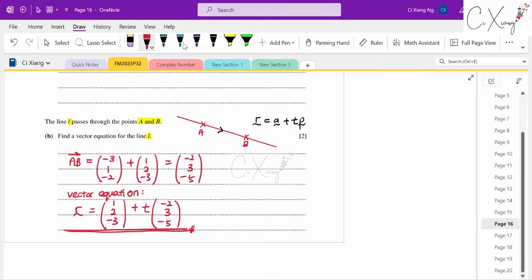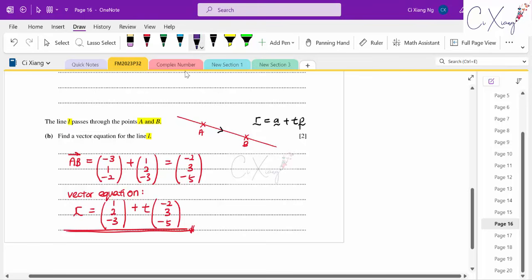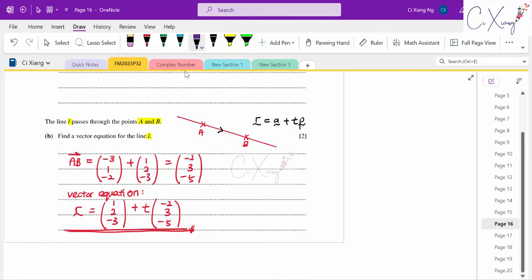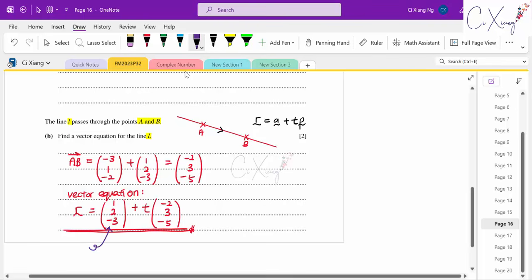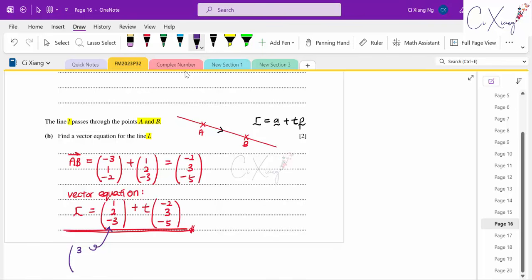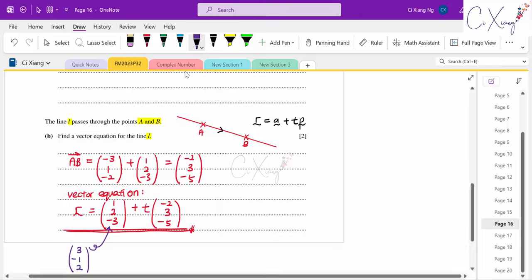Alright, so for your information, this vector equation is not unique. We actually have a lot of different answers. For this particular part, you also can use the other point, which is OA, and your answer might look something like this: (3, -1, 2).